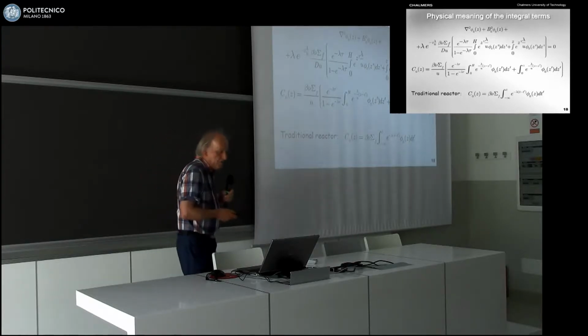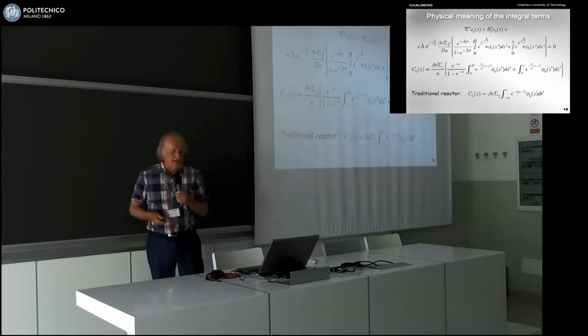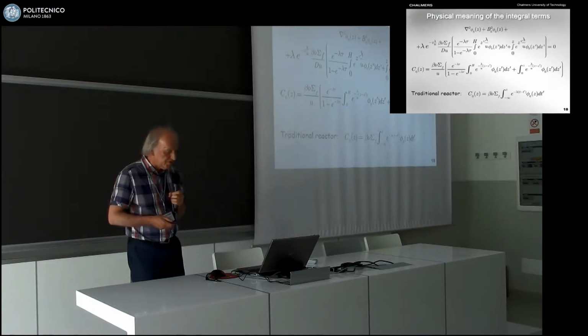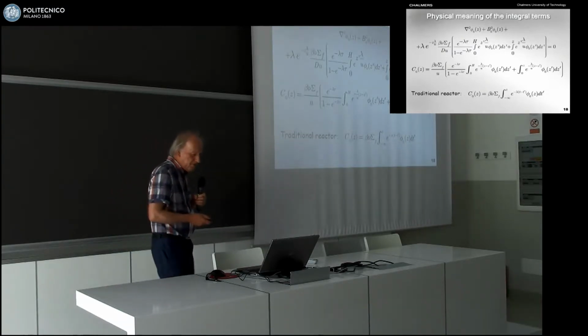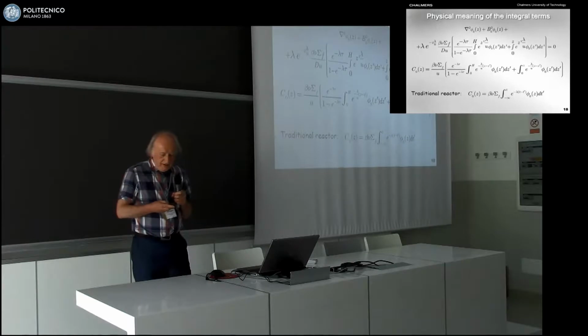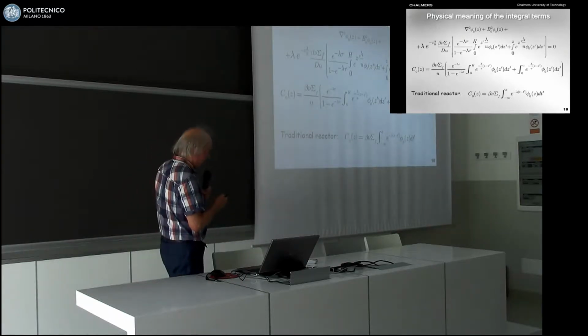Now, one can find out, and I'm not going to go through all the details, or probably I just make an outline, an interpretation of what the first term and the second term are.